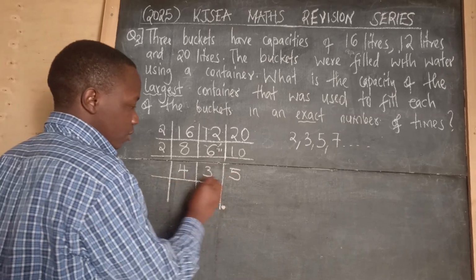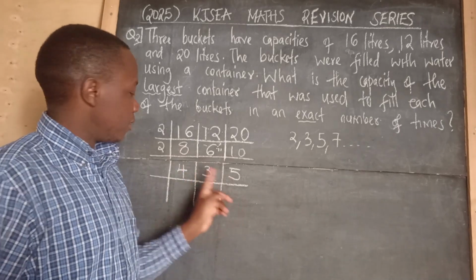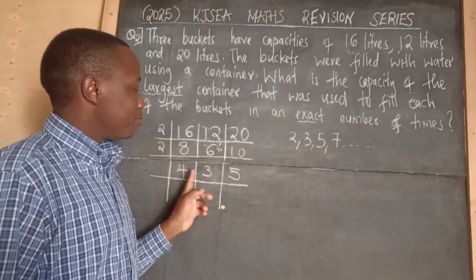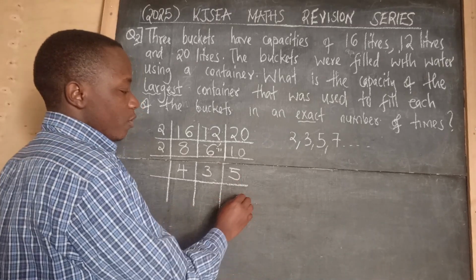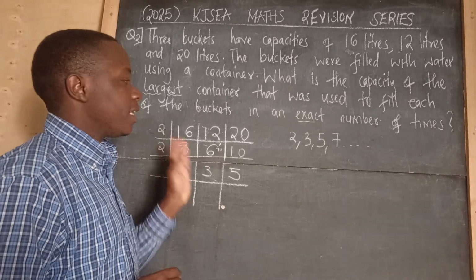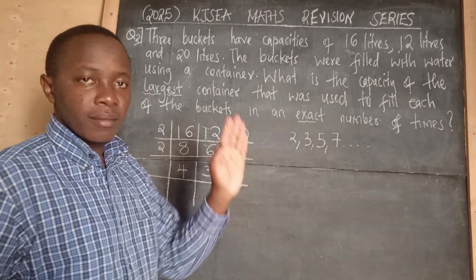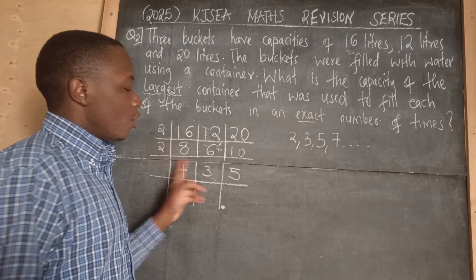Again, we continue. Can 2 divide any of these numbers? 2 can divide 4, but it cannot divide 3 and 5. So that is where we finish our GCD. We need a number that can divide all of them at once.